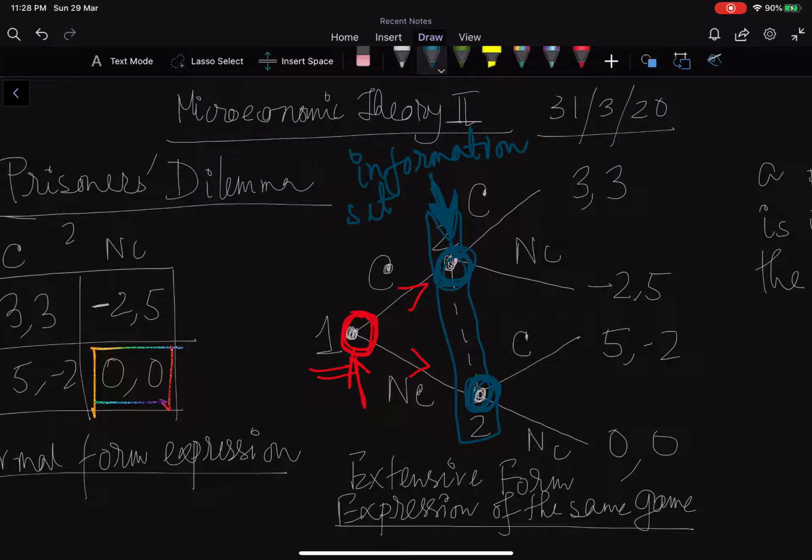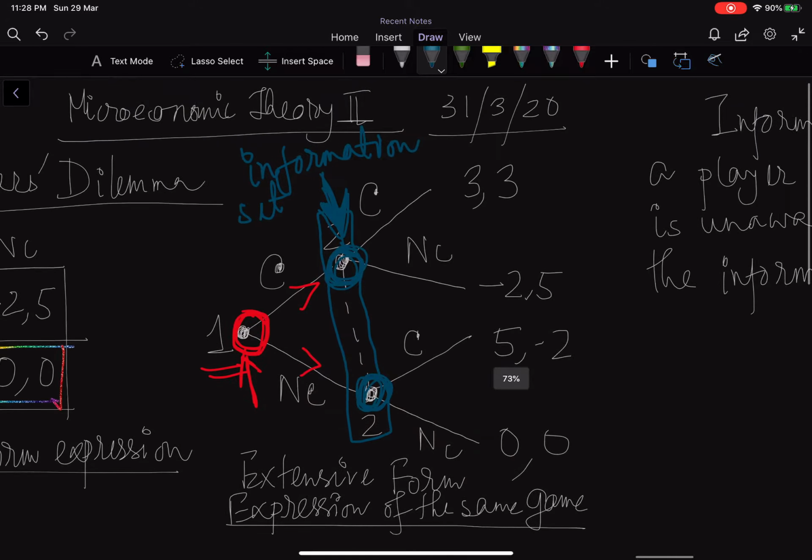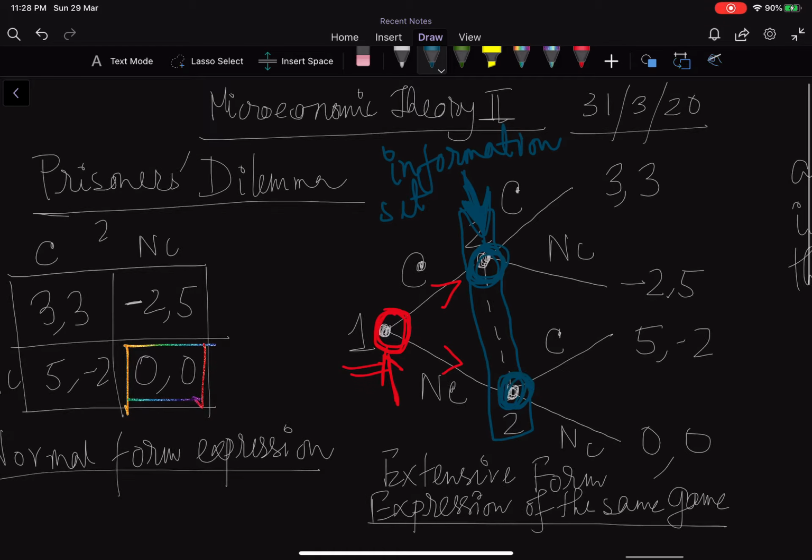So for 1, the information set is a trivial information set consisting of only one node. Basically player 1 knows where he is located. Player 2 doesn't know where he is located.